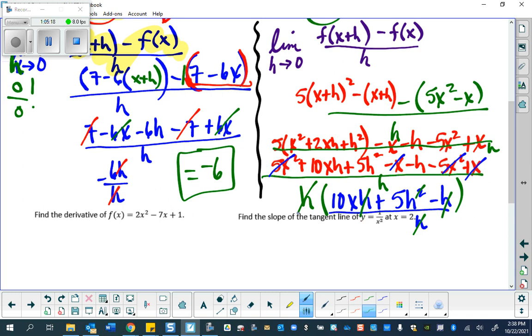Good Lord. Maria, come here. 10xh plus 5h squared minus h, right? I'm going to take an h out, and that's going to give me 10x plus 5h minus 1.